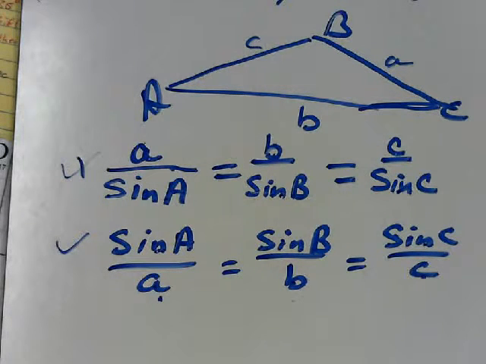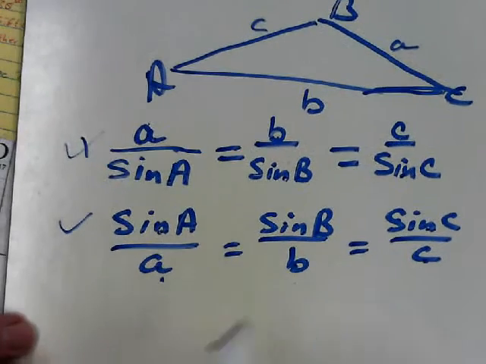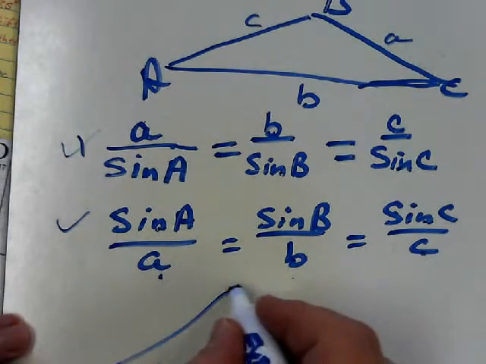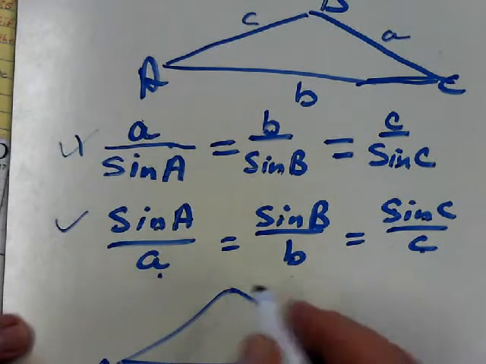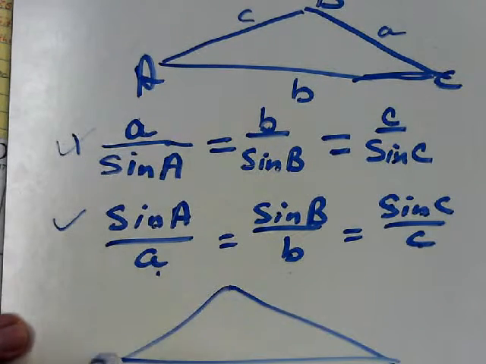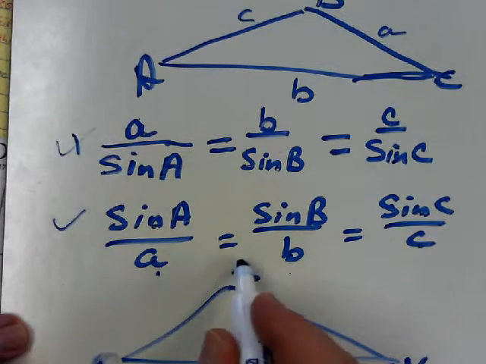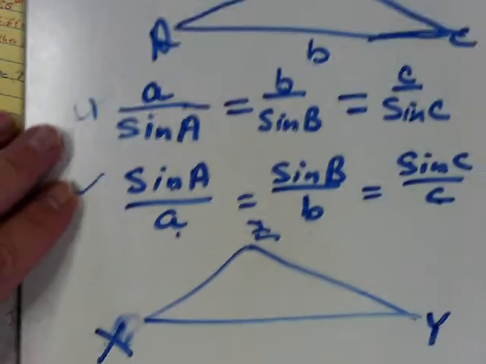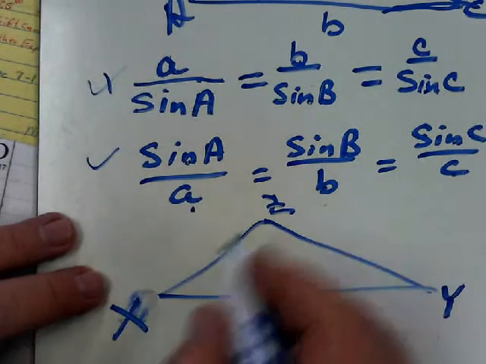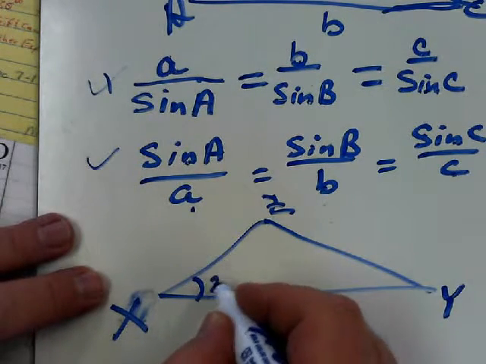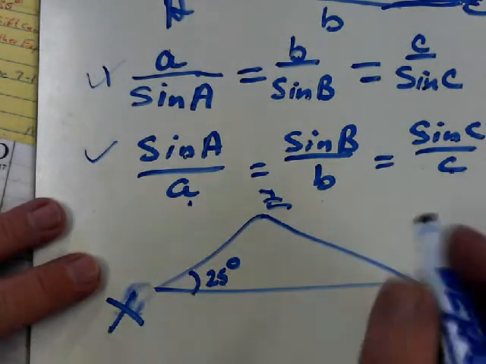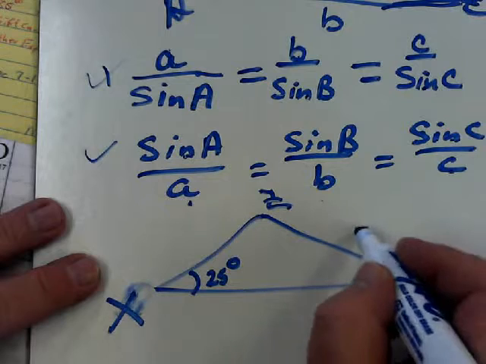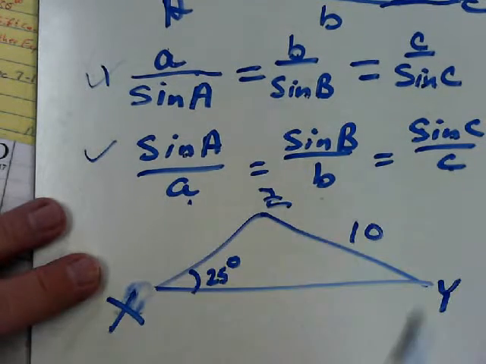Does that make sense? So if I have this triangle that's up here, we're going to call this X, this Y, and this Z. And this angle is 25 degrees. I know this side is 10.